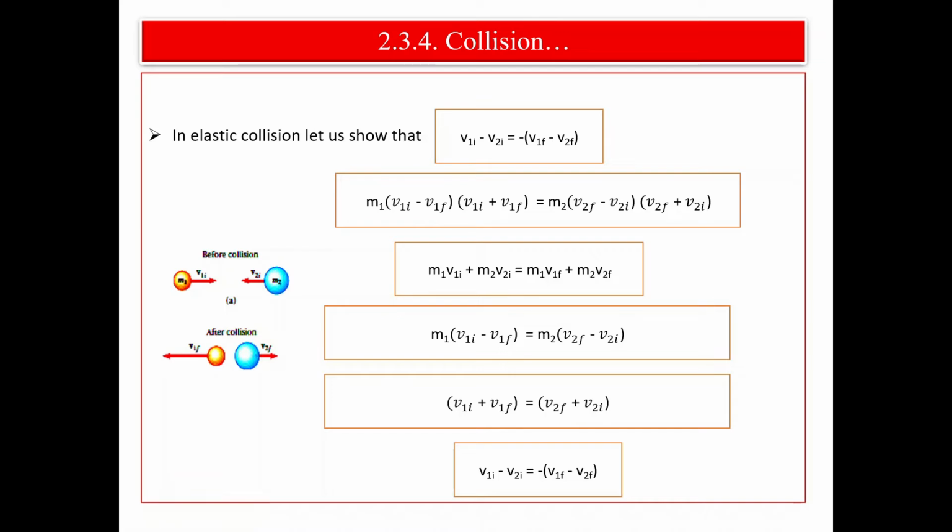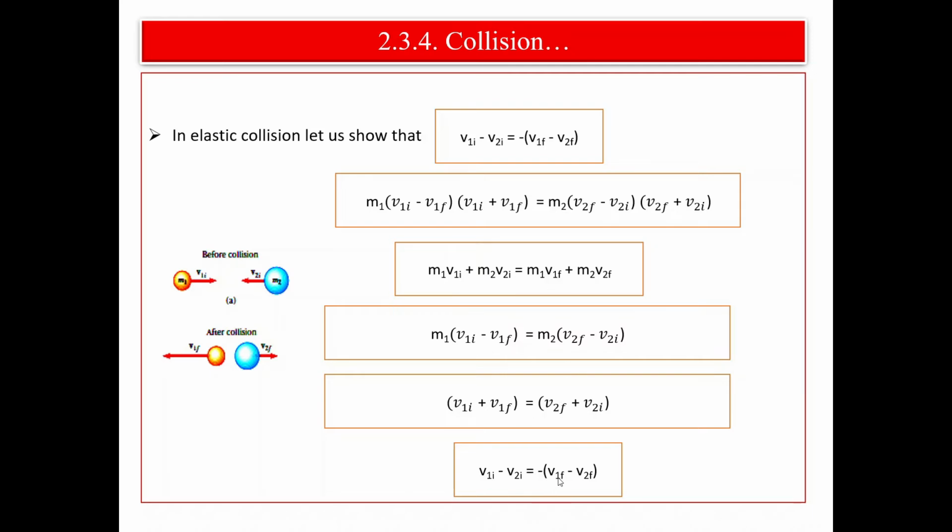Okay, after this, let's collect the initials together. Here we have v1 initial, here we have v2 initial. Take this to the left side, it becomes minus 2 v2 initial. Take this to the right side, it becomes v1 final minus v2 final. When you write v1 initial minus v2 initial, you need to write a minus outside, because on the right side we have v2 final minus v1 final.